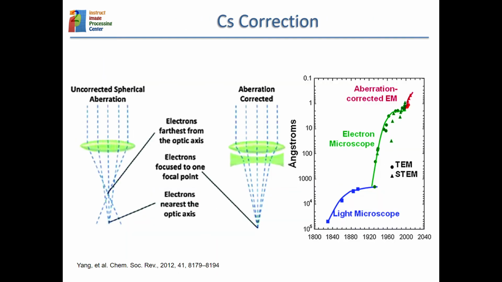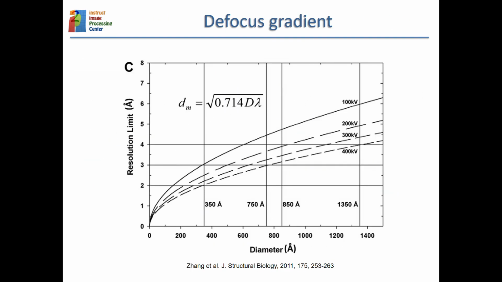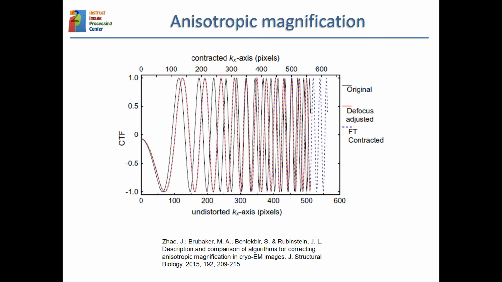You may have noticed that all these CTFs, let us look at this one, start at 0. So 0 is a constant. It is the DC component of the image, the low frequency component of the image, if you want.